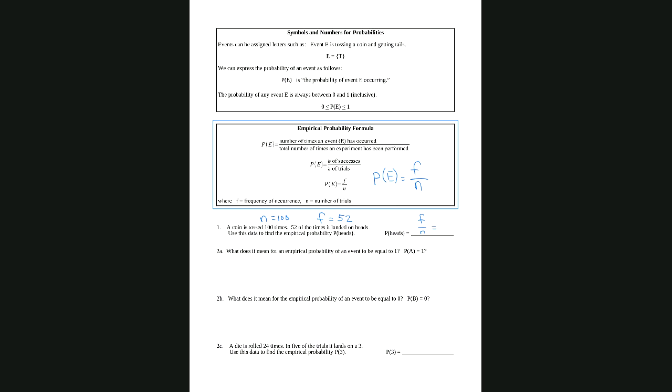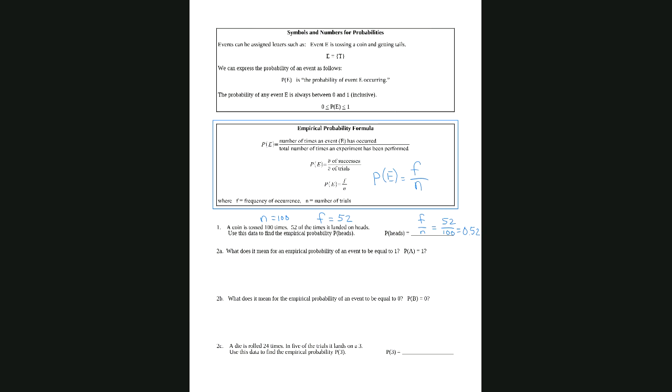It'll be 52 over 100. And it's fine to leave it like that. That's not wrong. 52 over 100 in fraction form is the probability. We could also put it into decimal form. If we divide those on a calculator, we'll get 0.52, which is close to 50%, but it wasn't exact. And that's okay. That's actually common and expected in many cases.